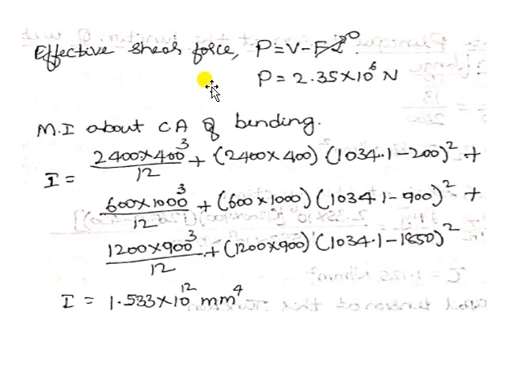So effective shear force will be P is equal to V minus F sin alpha. We have assumed the cable as a straight cable, therefore alpha will be 0, therefore the effective shear force will be V. V is given in the question, it is 2.35 into 10 to the power of 6.